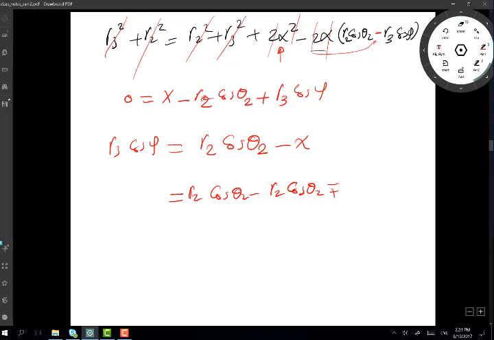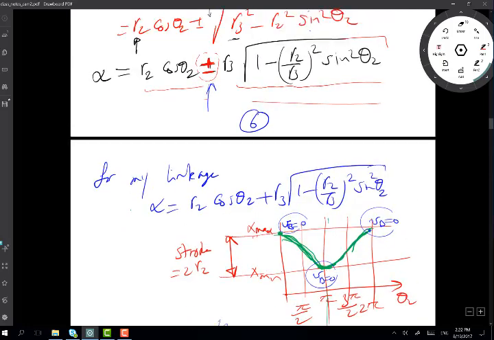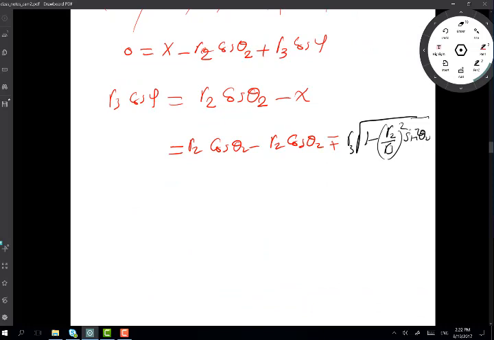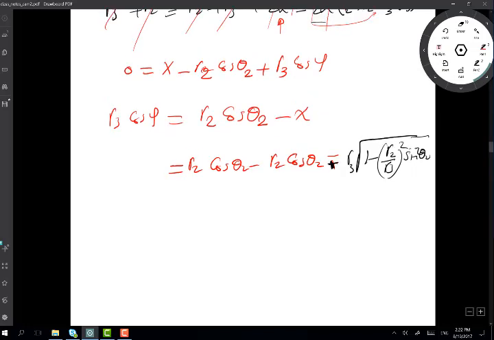So this was R3. And in brackets here, I had 1 minus R2 over R3 squared sine squared theta 2. This was what I had up here. Now what will happen is, this gives me two possibilities, because x had a plus or minus, and that's negative x.